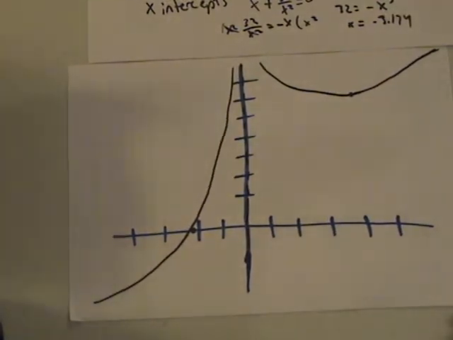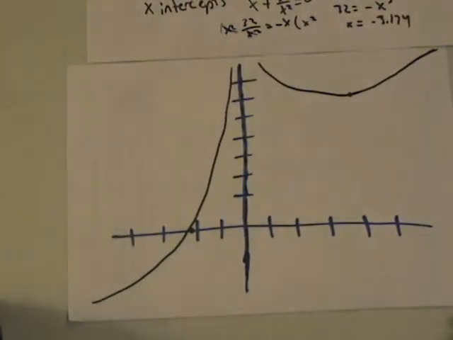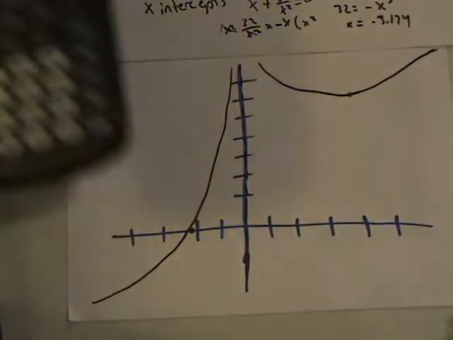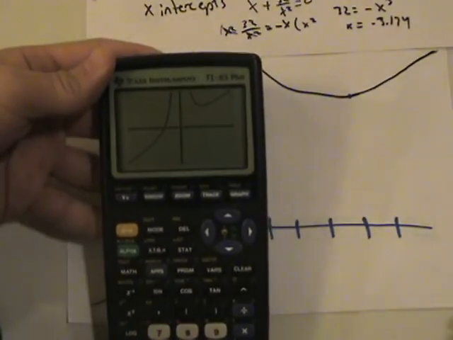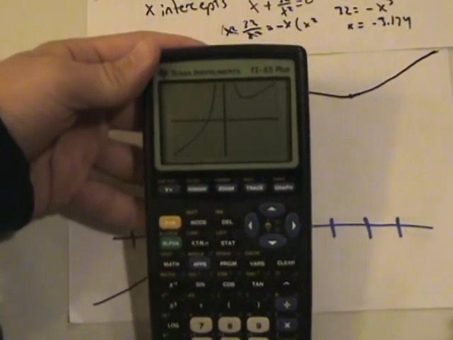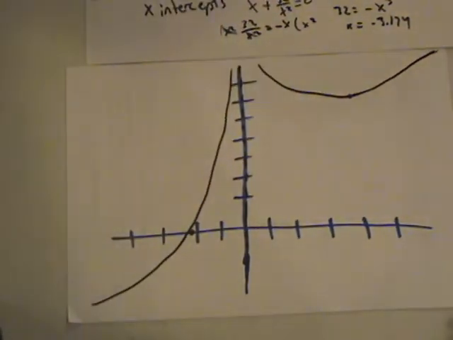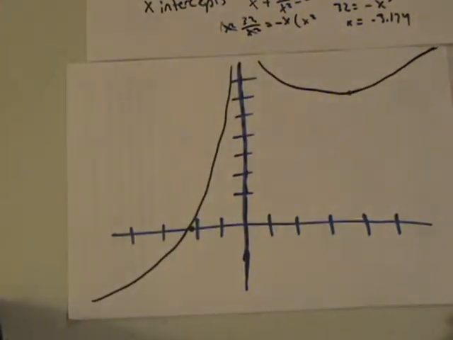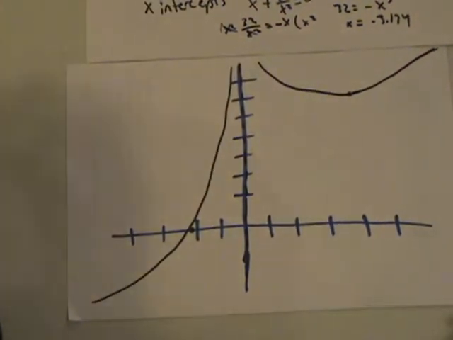Your goal is just to make a general sketch, and that's what I did. And it's always fun to see how close your general sketches are to the graph. Putting it in the calculator, it seems pretty close, so it makes me feel good. Sometimes it does not happen.